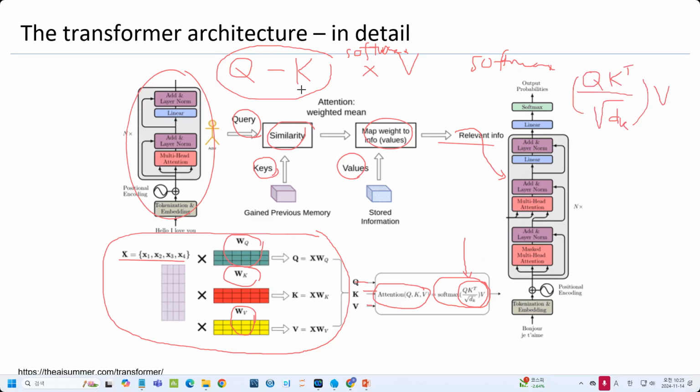This is the QK similarity, and we will do the normalization. After we do the normalization, we will multiply with V. The normalization here, in the example that I showed you before, I used the softmax. With the softmax, we can get the weight with the normalization.